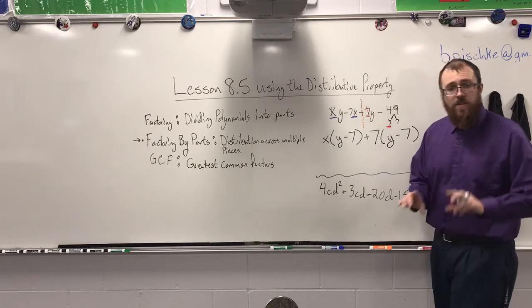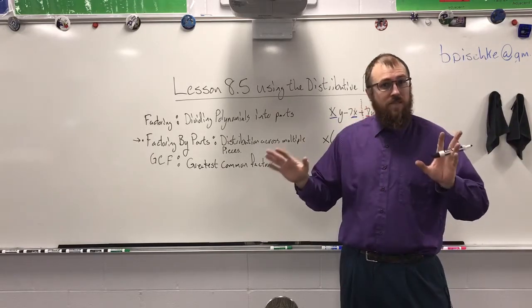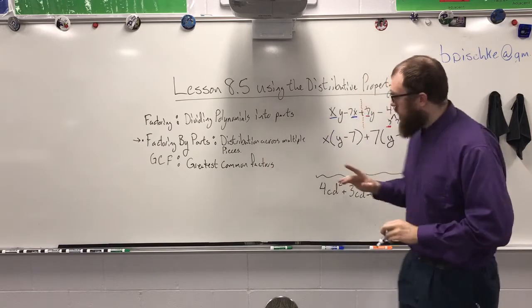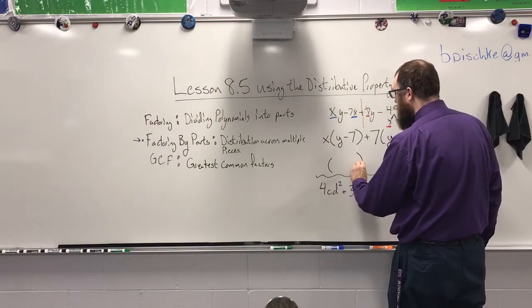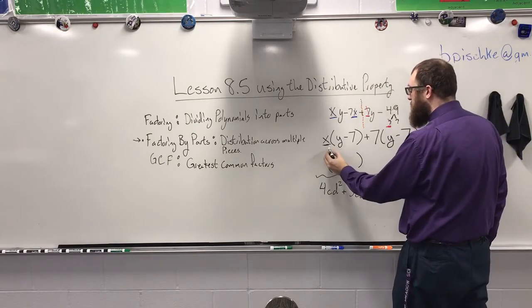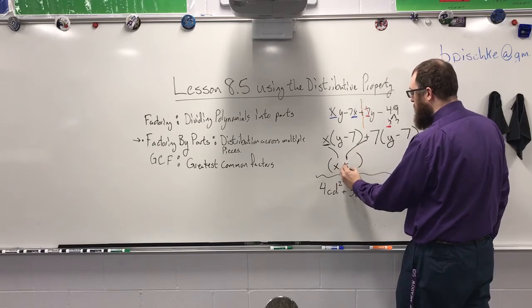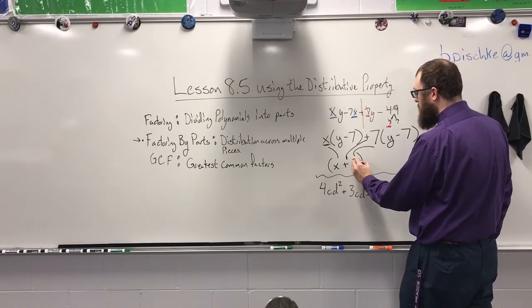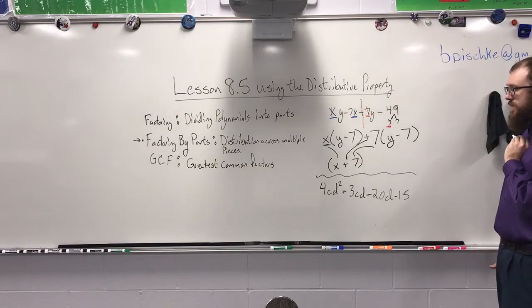Okay? Now, there's a big convoluted reason for this next step, but I just want to do the easy version. We're going to take everything that is not in a parenthesis and group it together in a set of parentheses. So this x, this plus sign, and this 7 are going to go in my first set of parentheses.